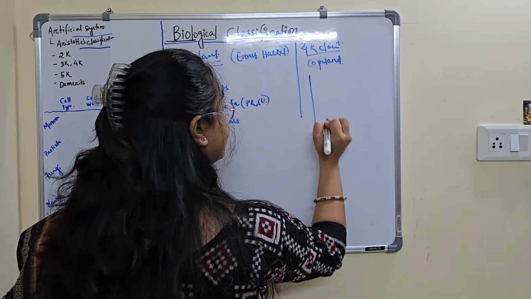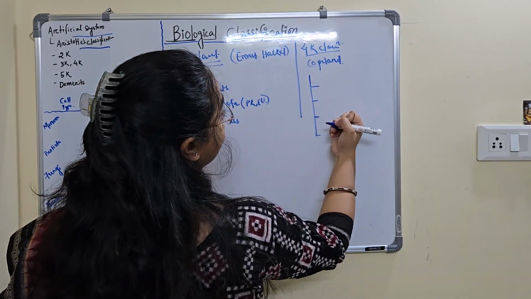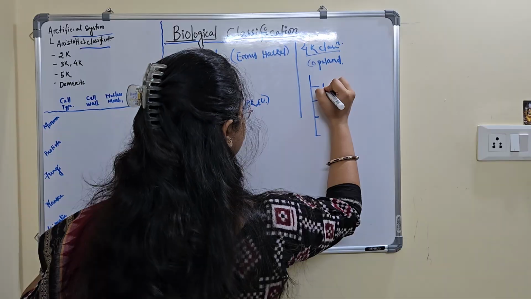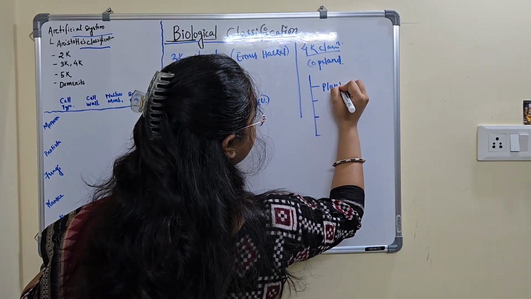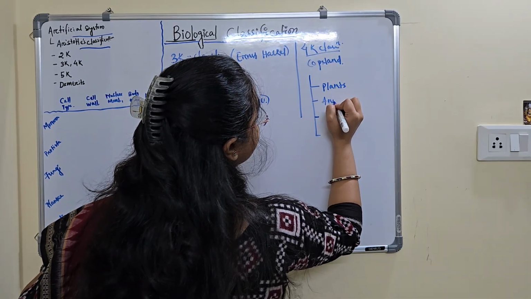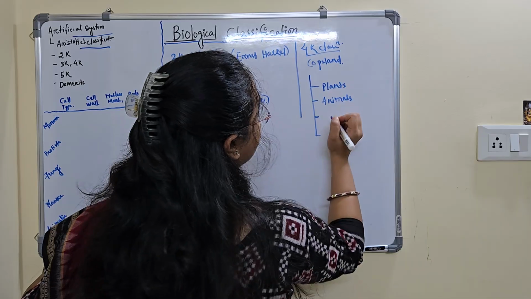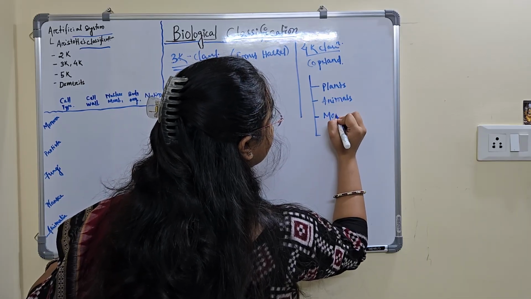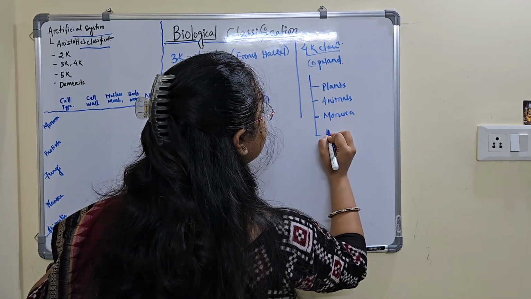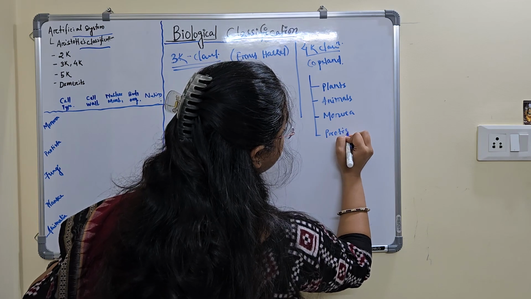Okay, and he divided all the living world into four kingdoms, that is kingdom plants, animals, Monera and Protista.